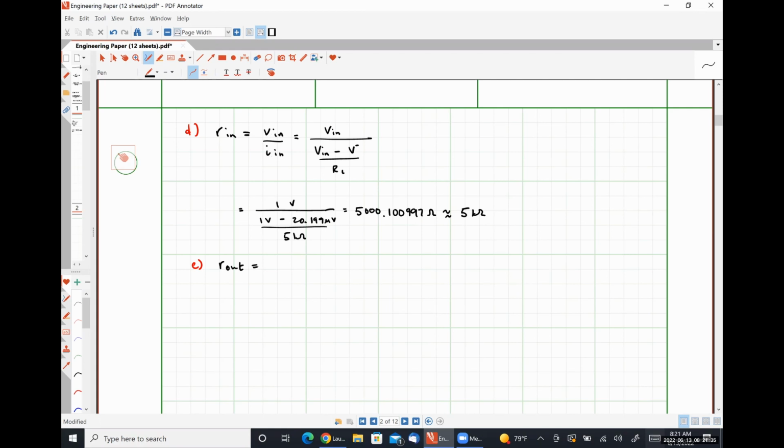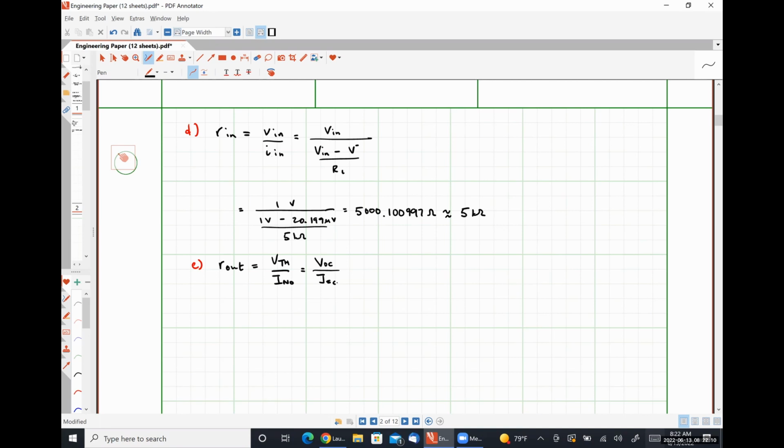We are going to approach this by using a Thevenin equivalent resistance seen looking into the output terminal, which would be Thevenin voltage divided by Norton current, where recall that a Thevenin voltage is an open circuit voltage and a Norton current is a short circuit current.